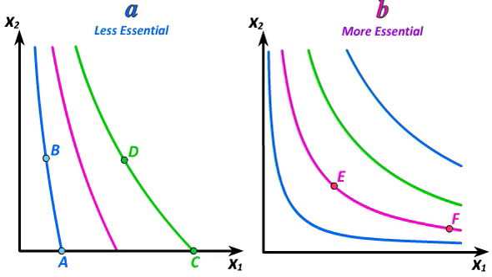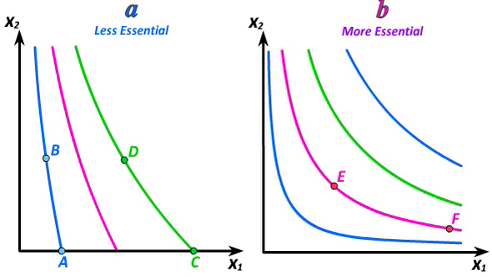Since the indifference curve does not cross the horizontal axis, you can never reach the magenta indifference curve by simply consuming the X1 good and none of the X2 good. Thus X2 is essential to the consumer's happiness. There's no way to reach any of the indifference curves without consuming some of the X2 good. Or put differently, without consuming the X2 good, the consumer is no better off than she is at the origin where she consumes none of either good.